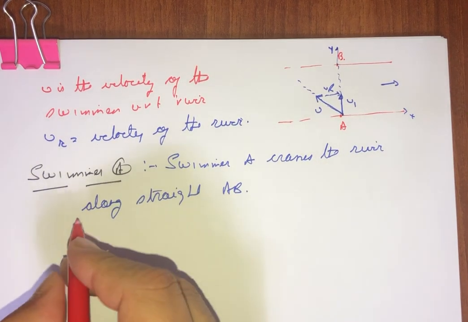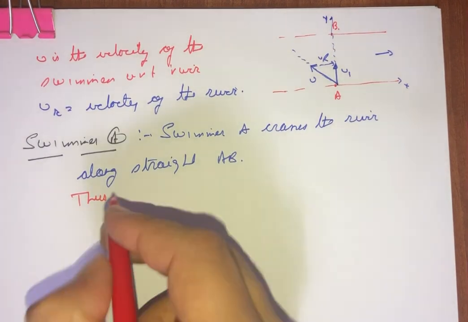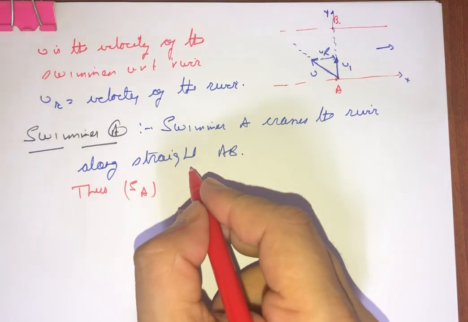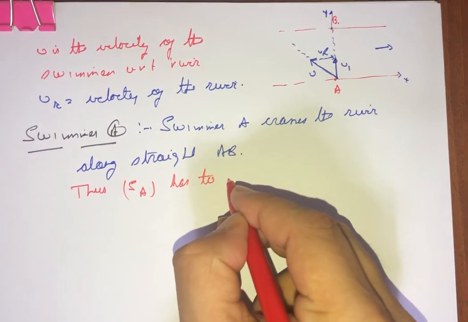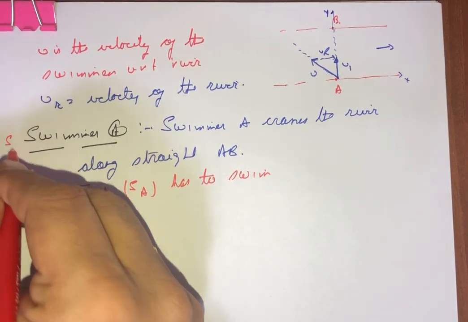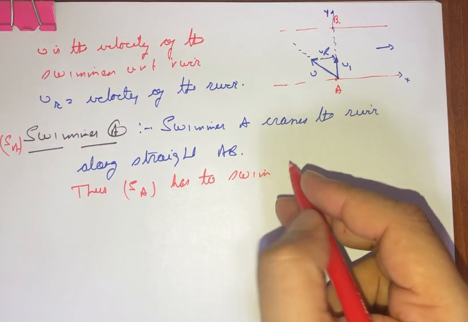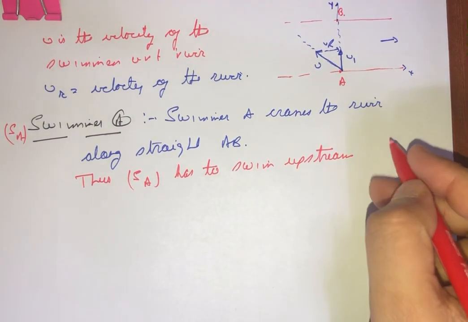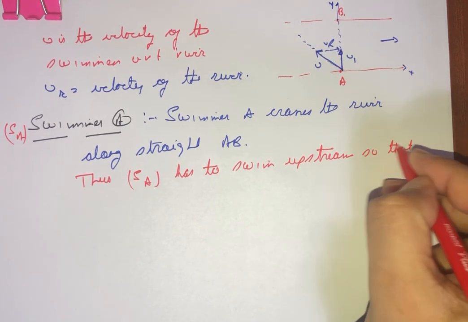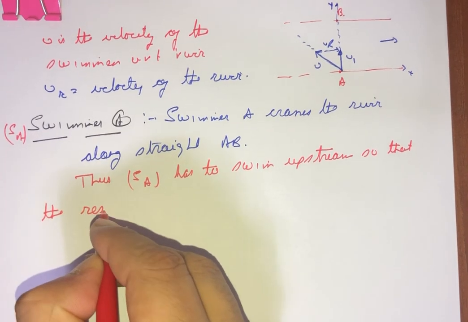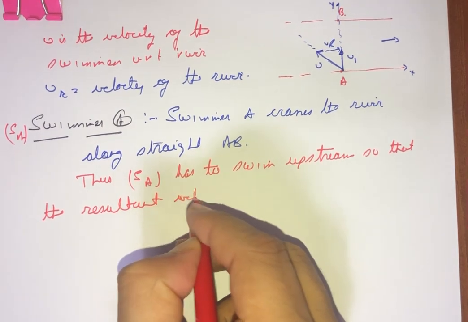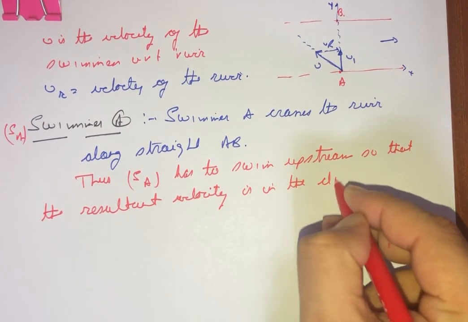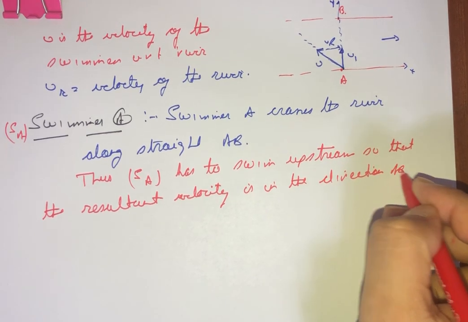So swimmer A, let us call this as SA. SA means swimmer A. Swimmer A has to swim upstream so that the resultant velocity is in the direction AB.